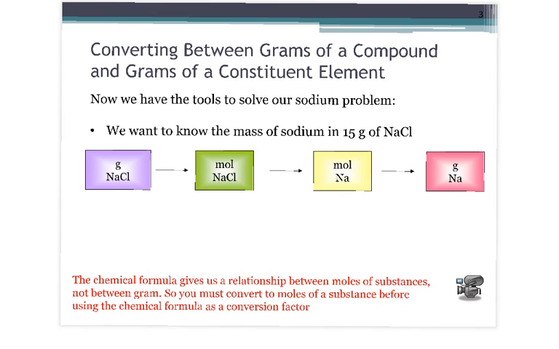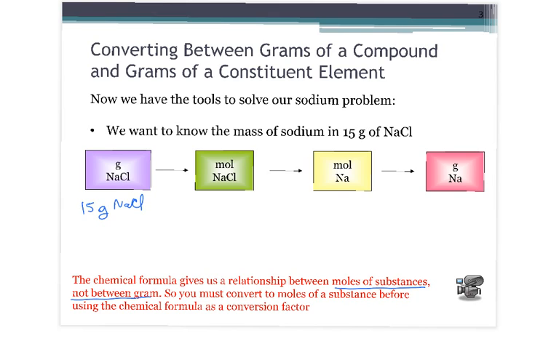We always start with what we're given, which is 15 grams of sodium chloride, and we want to know how many grams of sodium there is in that. But we can't go directly from grams of sodium chloride to grams of sodium, because the chemical formula gives us a relationship between the moles of a substance, not the grams.